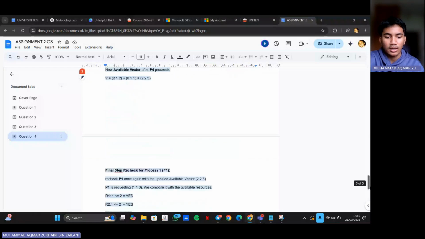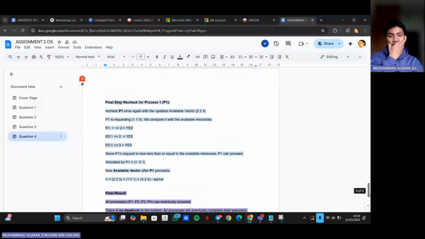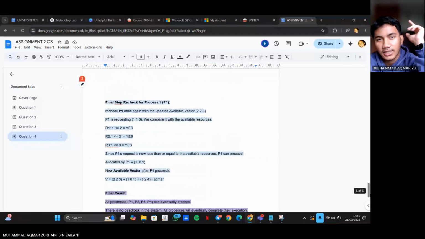Then we go to check P1, process 1. We recheck P1 with the updated available vector, which is 223. P1 is requesting 110. So we compare 110 with 223. 1 is less than 2, can; 1 is less than 2, yes; and 0 is less than 3, yes.